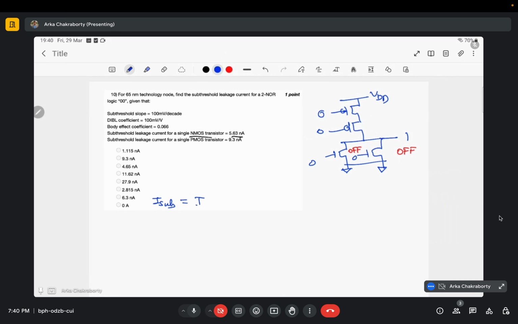I subthreshold should be I off times 10 to the power VGS. VG is 0, Vs is 0, plus eta is 0.1. Now VDS is how much? 1 minus 0 minus VDD is 1, minus K gamma is 0.066 times VBS, right?